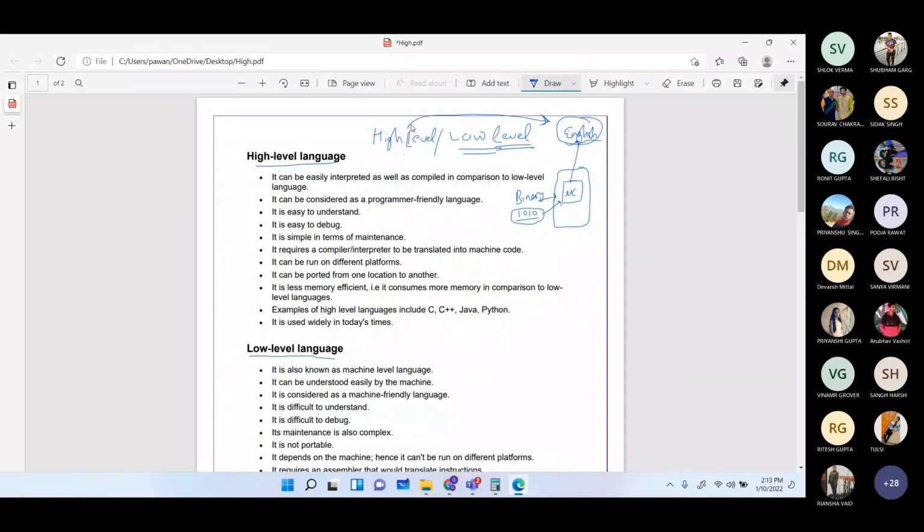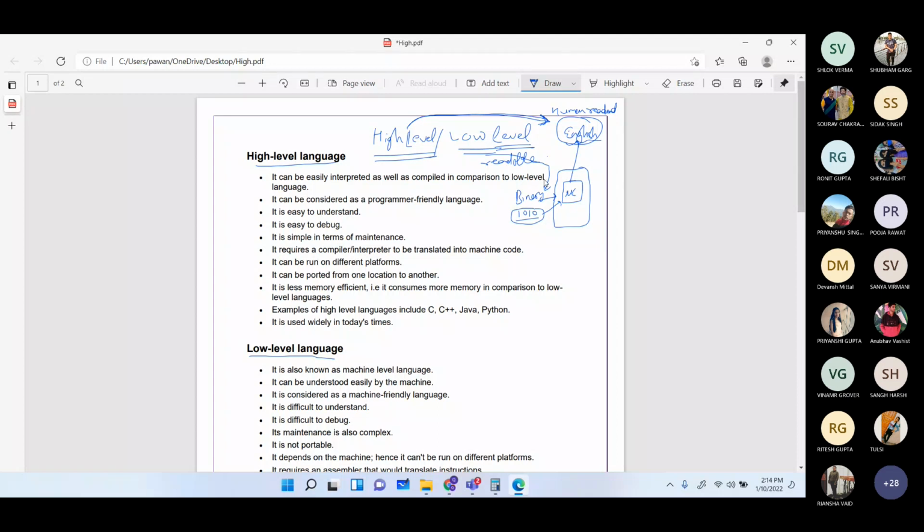The language which is human readable or understandable is what we call high level. And low level means machine understandable, machine readable. I hope you understand high level and low level.